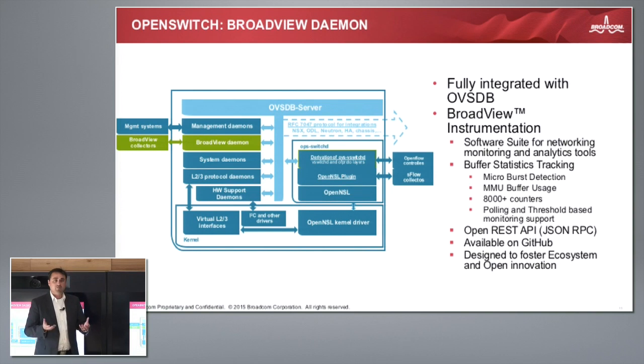It provides statistics and information that you could use to extract congestion notification, things like packet tracing, and other functions that we plan to add in the near future. That's already supported, provided, and integrated in OpenSwitch. We're very proud of it, and I think this is the first contribution to the project. We're not going to stop there. We're going to continue and invest in this project as we invested in other open source projects.